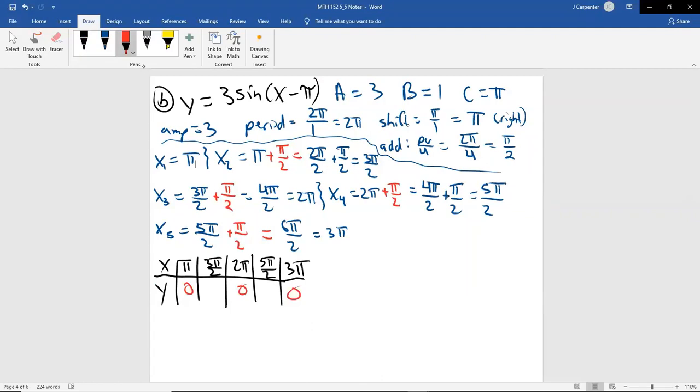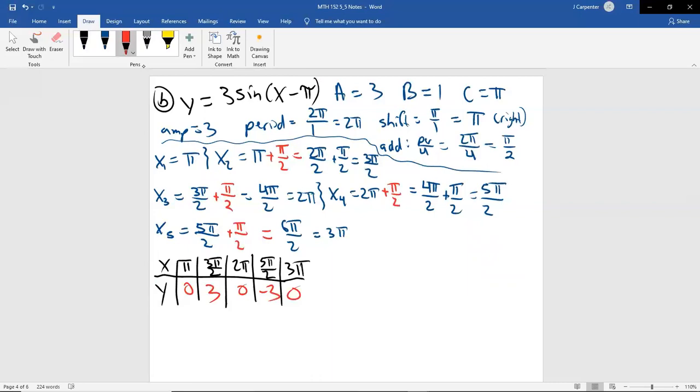The second and the fourth are always the amplitude values. So the amplitude was a 3, so one of these is a 3, the other is a -3. It always goes positive, negative, if this 3 is a positive. So with this 3 being positive, it has to go 3, and then it has to go -3.